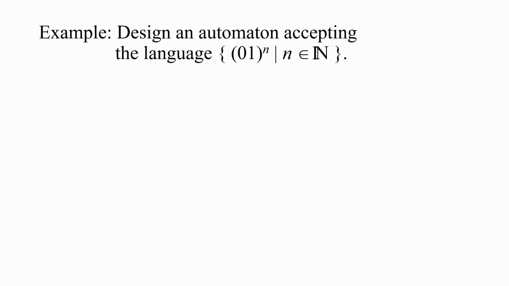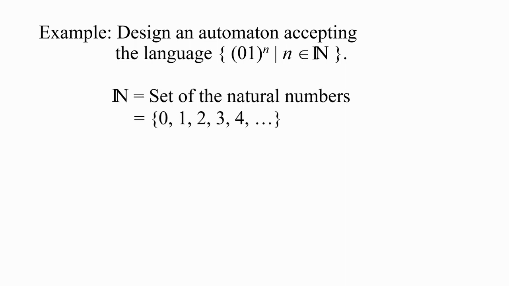Now next example: design an automaton accepting the language in the brackets 0, 1 to the power n, where n is a natural number. The set of natural numbers is the set of 0, 1, 2, 3, 4, and so on.